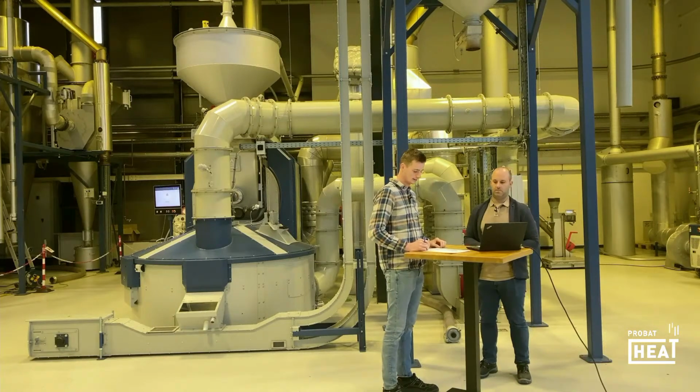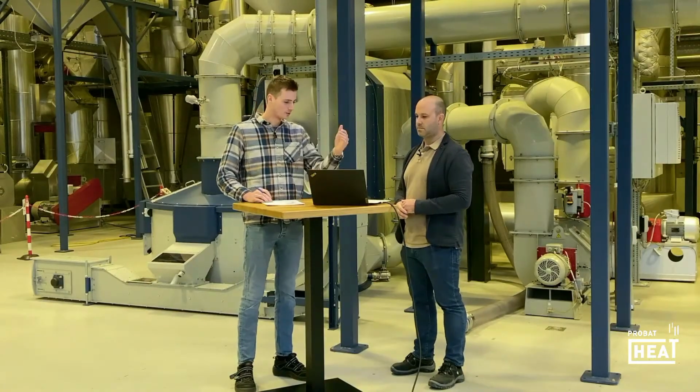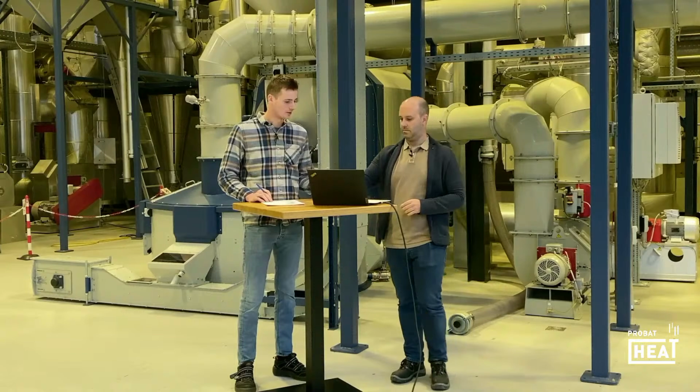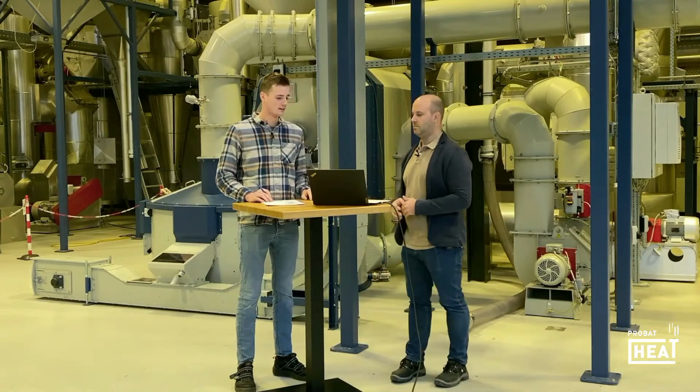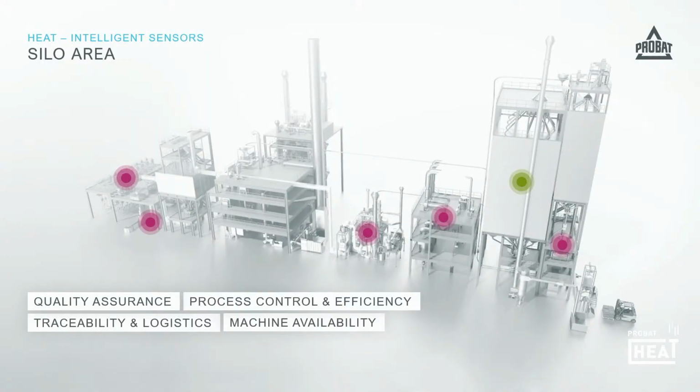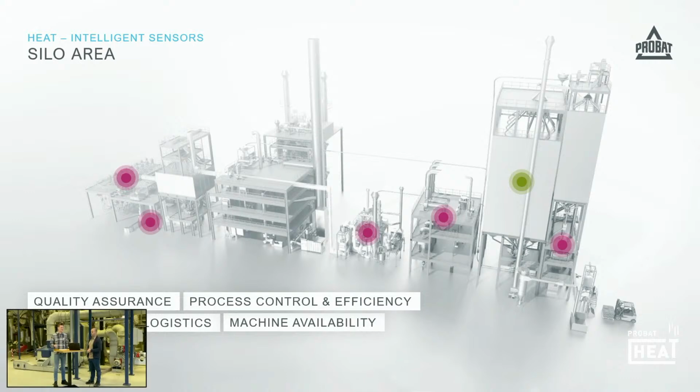Yeah, and from there on, if we go one step further in the process of the plant, we have the silo area, where we also have, as you nicely said, small little gizmos, small little sensors that help operate the plant to its maximum potential.